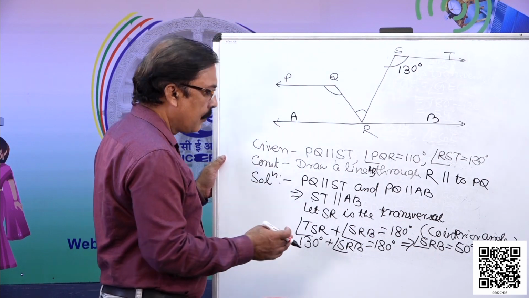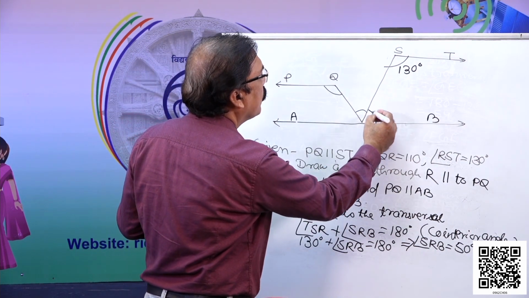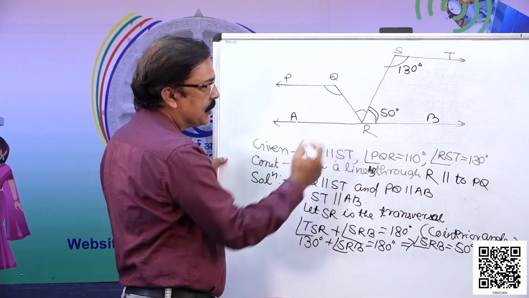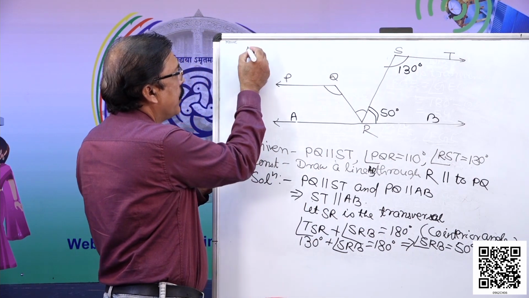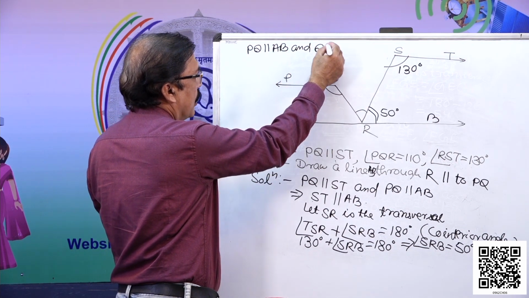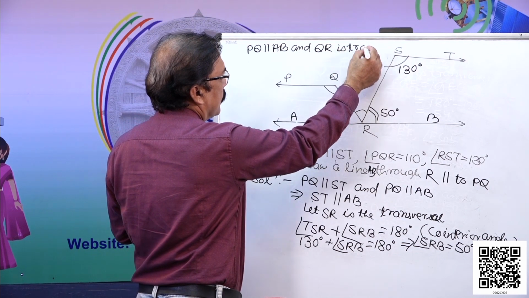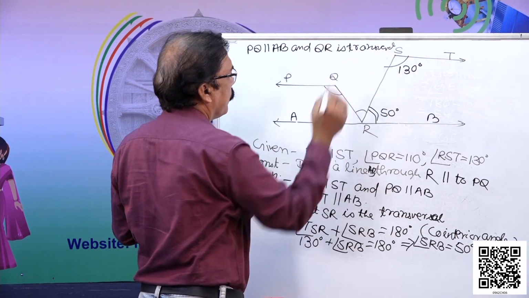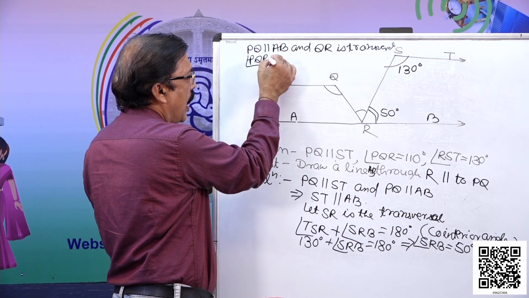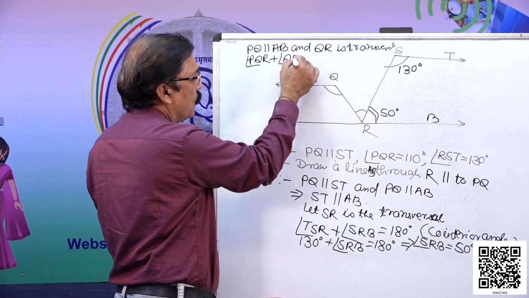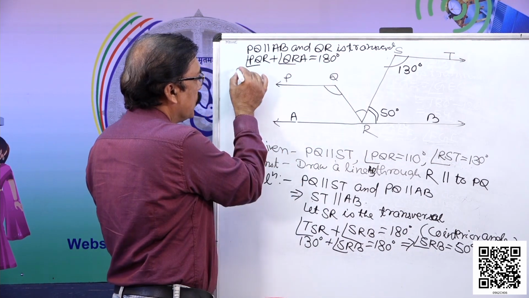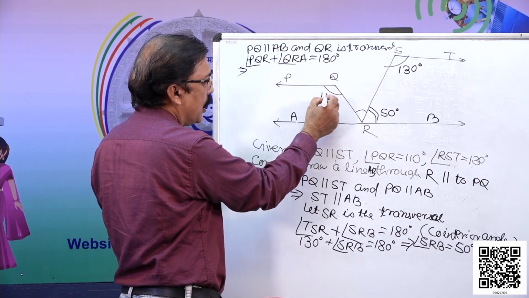Similarly, SRB is now 50 degree. Now come to the parallel lines PQ and AB. If PQ is parallel to AB and QR is transversal, then similarly, angle PQR plus angle QRA is equal to 180 degree, co-interior, where angle PQR is 110 degree.